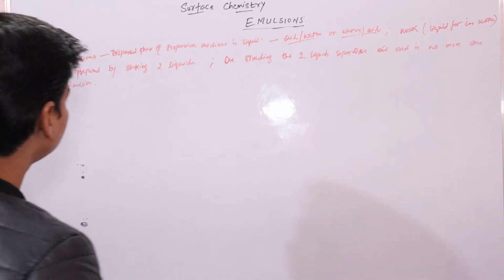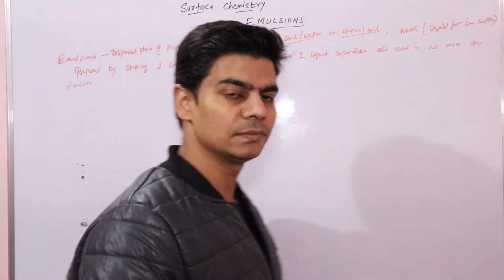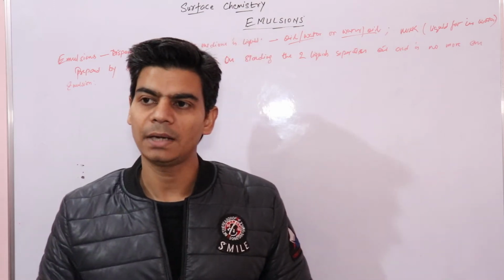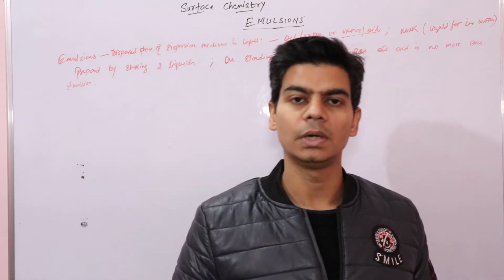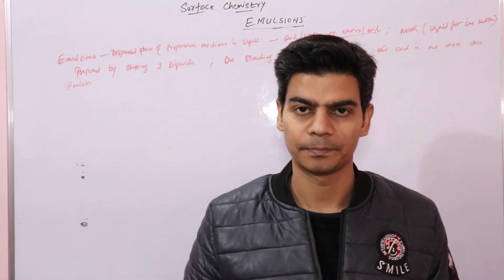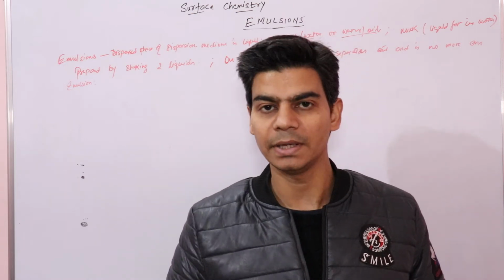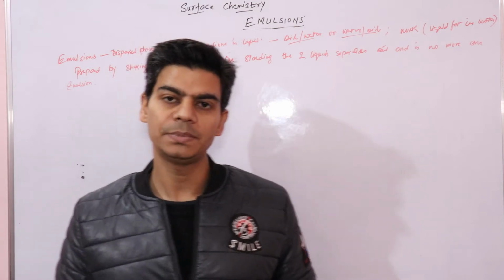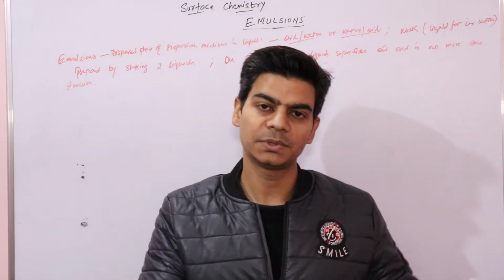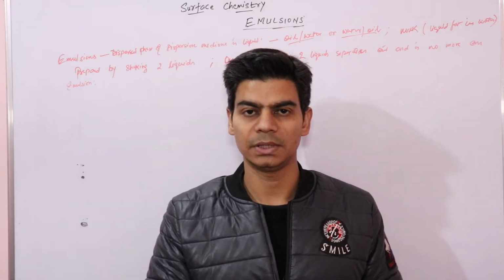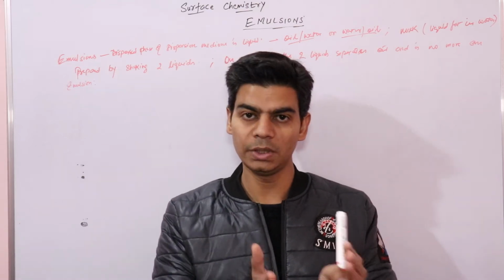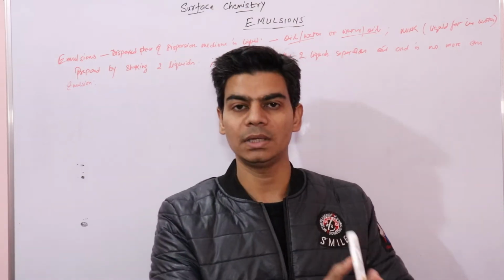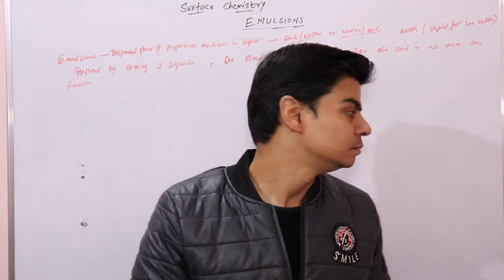So now, in order to stabilize an emulsion, we add another substance to it. We call it an emulsifier, or an emulsifying agent. What does an emulsifier or emulsifying agent do? It helps the two liquids to intermix. It helps in the intermixing of two liquids that are trying to form an emulsion, right?